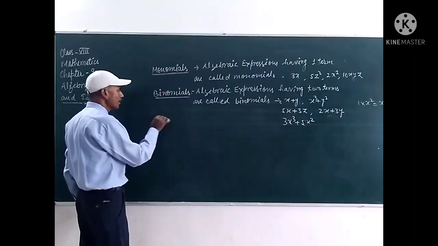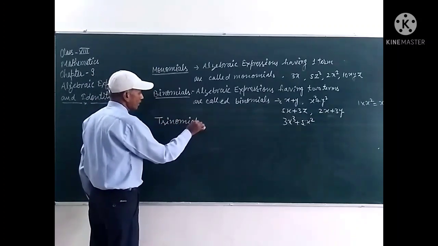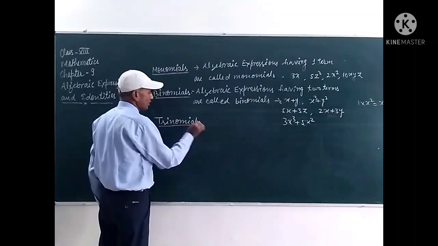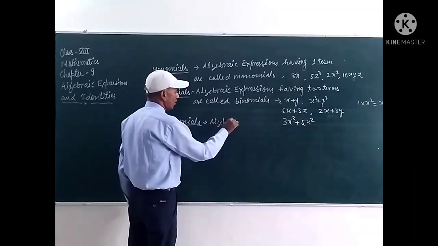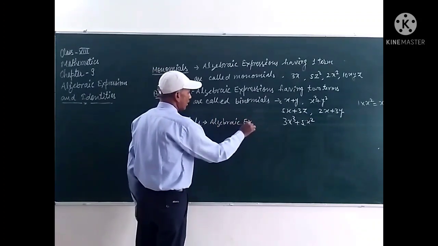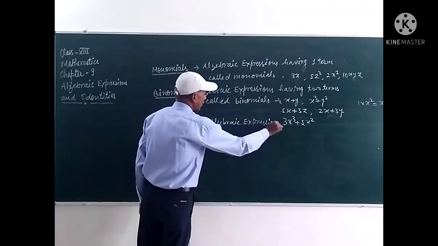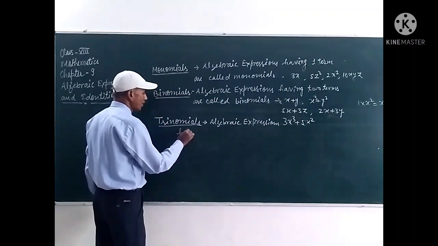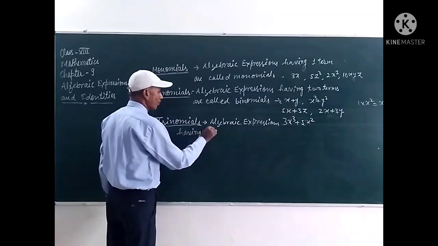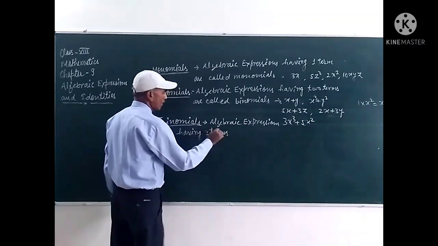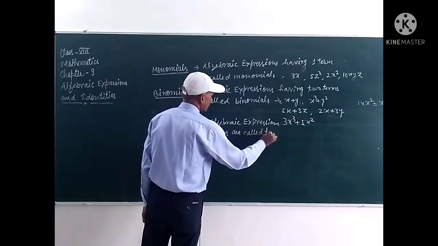Now trinomials. What are trinomials, student? Algebraic expressions having three terms are called trinomials.